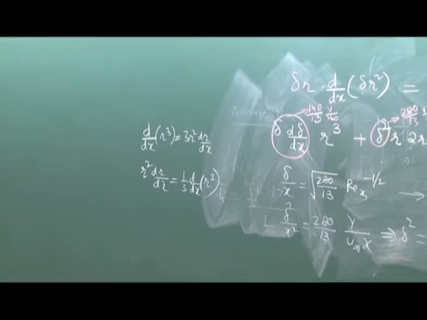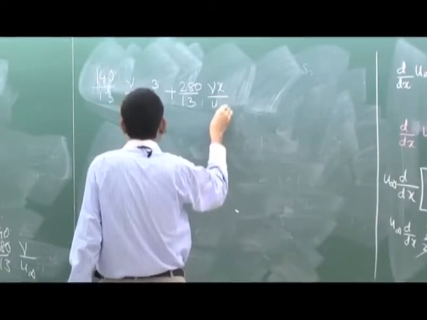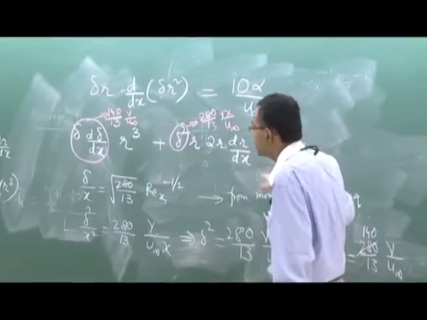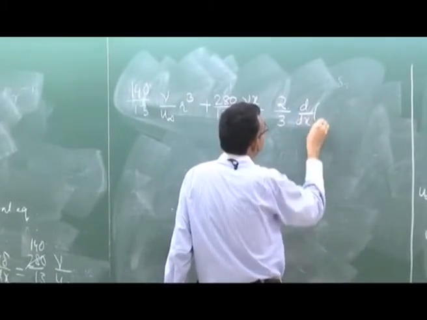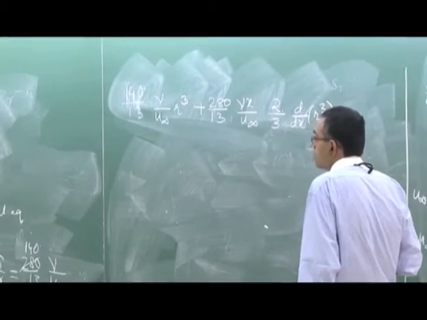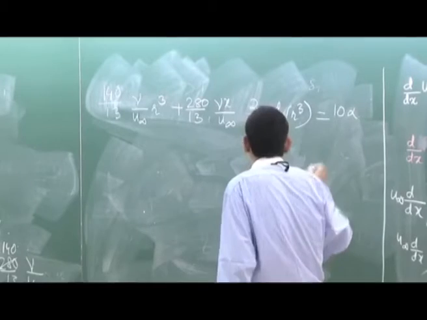So 140 by 13 nu by u infinity r cube plus 280 by 13 nu x by u infinity into 2 into r squared dr dx is 1 by 3 d dx of r cube, is equal to 10 alpha by u infinity.